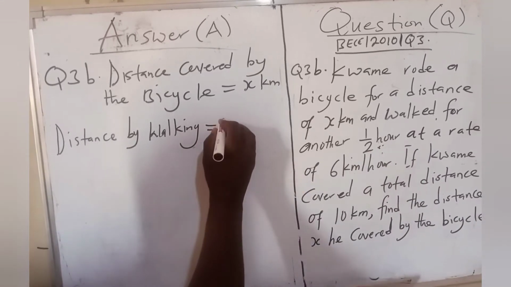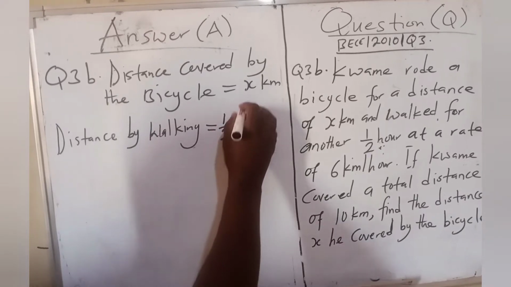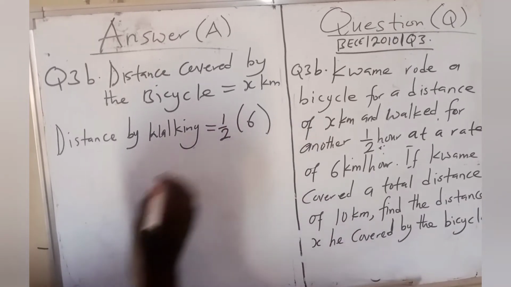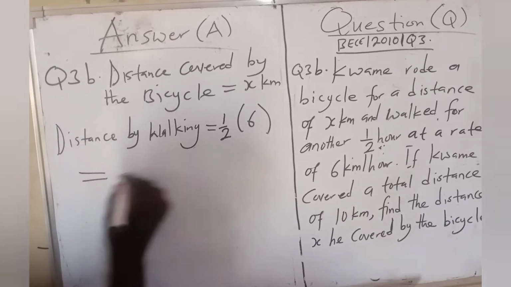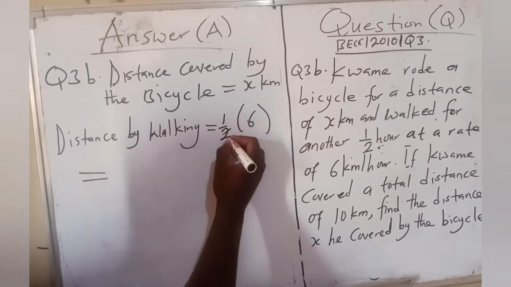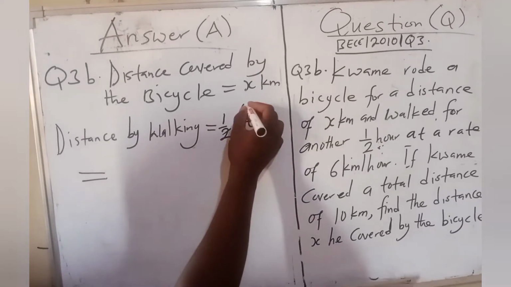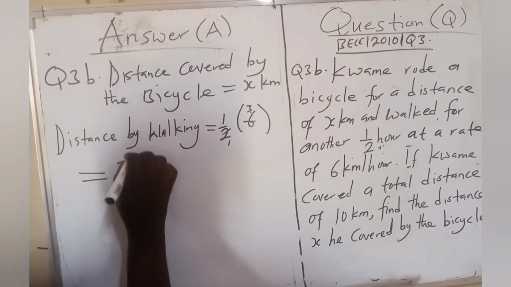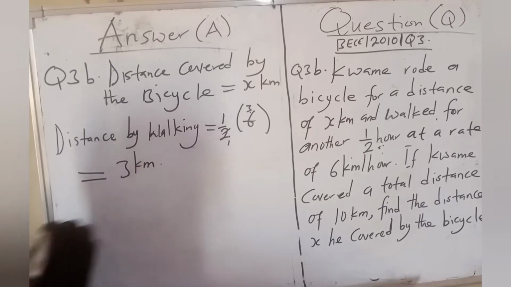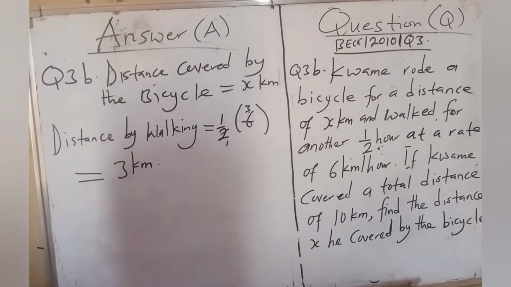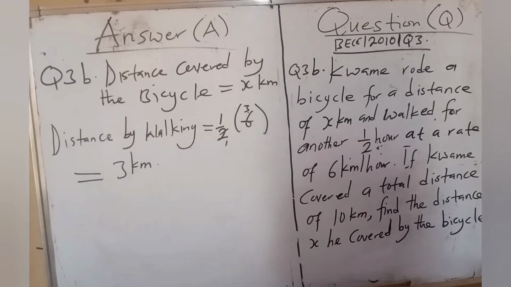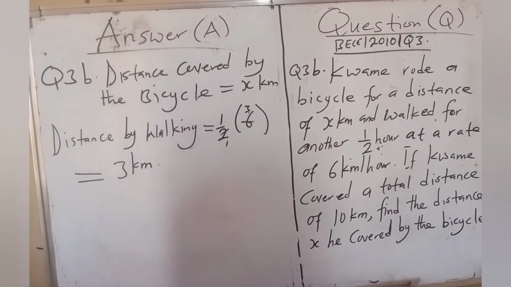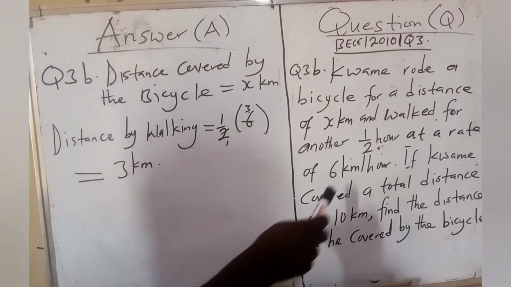So half multiplied by 6, simplifying this, 2 into 2 is 1, 2 into 6 is 3, 3 multiplied by 1 is 3. So we have 3 kilometers. That means that Kwame walked a distance of 3 kilometers using a time of half hour, and the rate he used was 6 kilometers per hour.